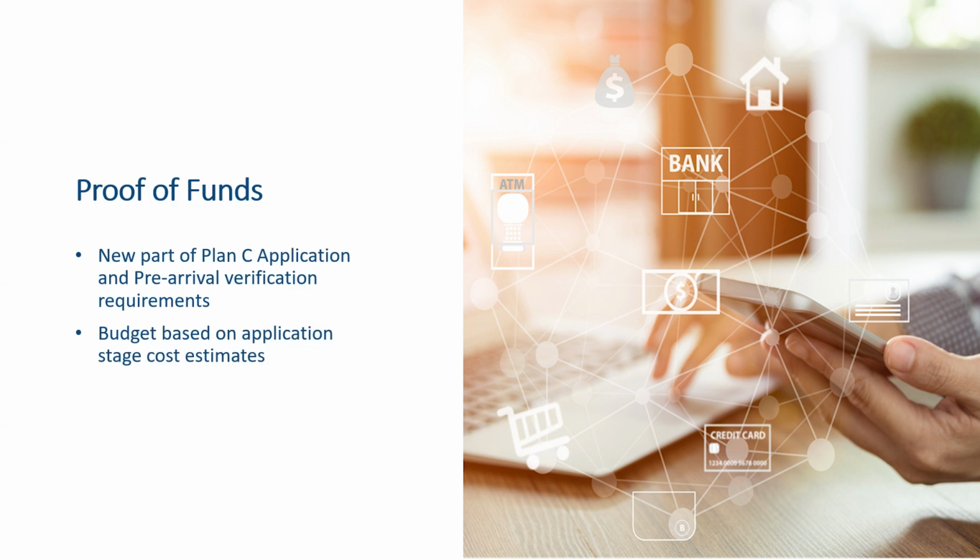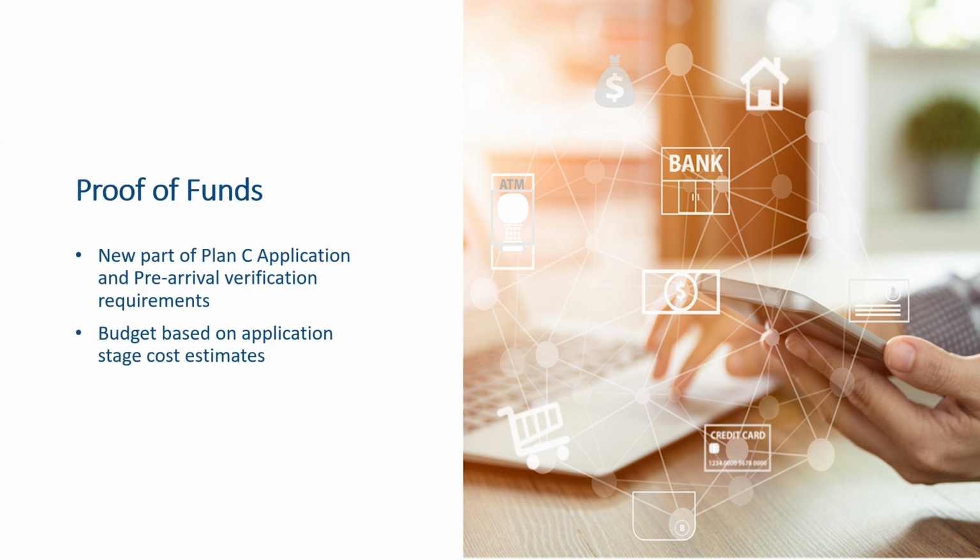And I'll show you what the cost table looks like on the next slide. The important thing to remember is when you're providing that breakdown of the estimated budget in the financial part of the new sponsorship undertaking and settlement plan form, please remember it's just an estimated budget. It's not the actual amount of financial support that you're expected to provide when the refugees arrive in Canada.